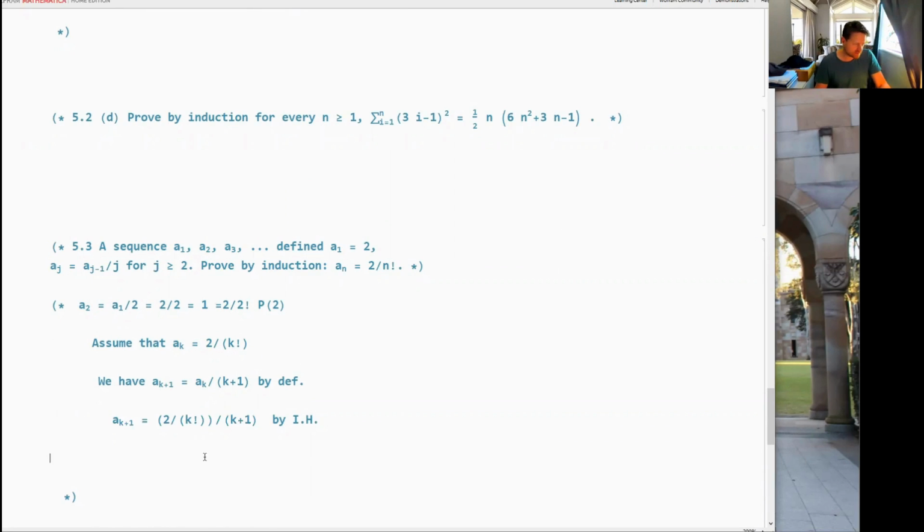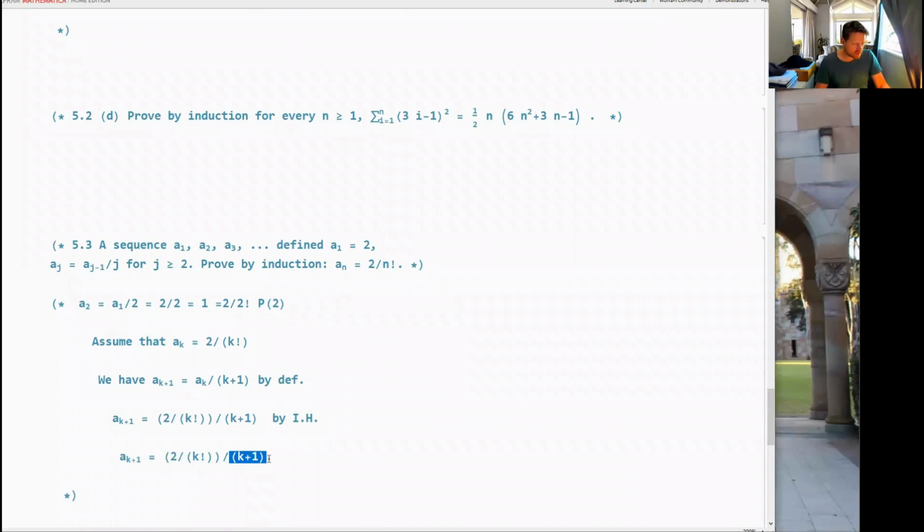So this is equal to, and we take this, right, because this is 2 over k factorial divided by another k plus 1, and that becomes the same as having the k plus 1 in the denominator. Okay, good. I can get rid of superfluous brackets. Next, we just realize that this denominator is k plus 1 factorial, and we're done. So this is 2 over k plus 1 factorial.